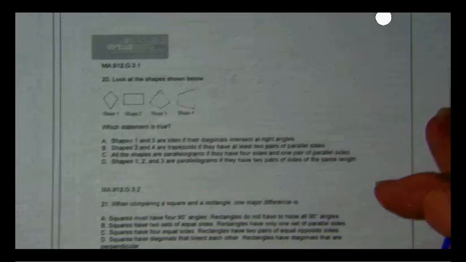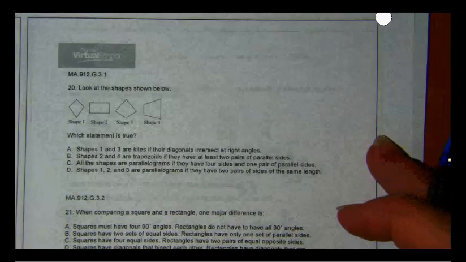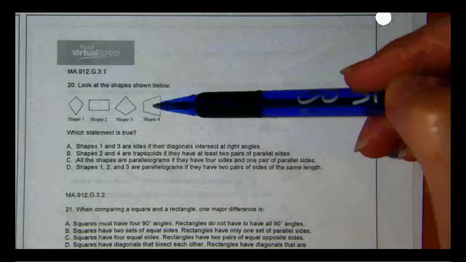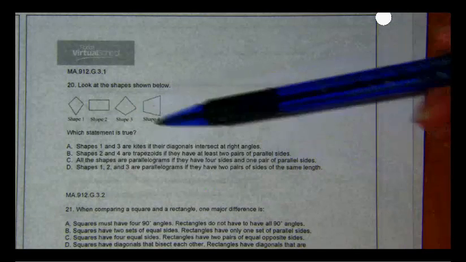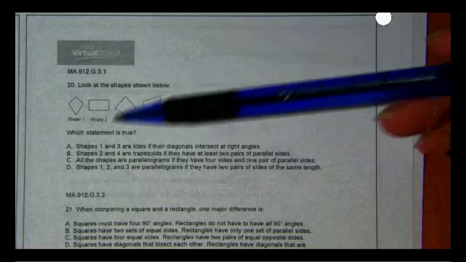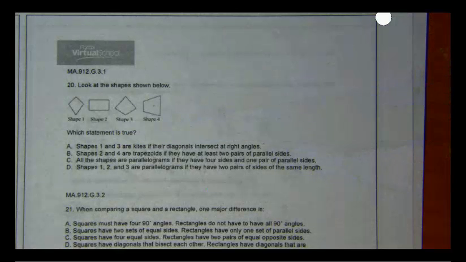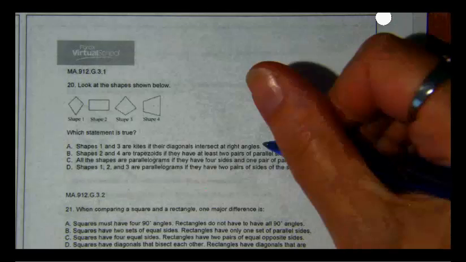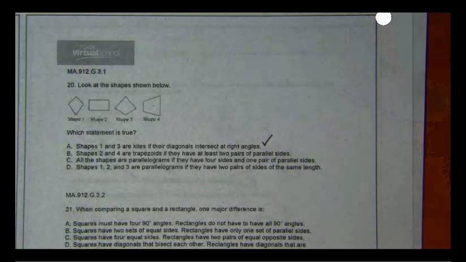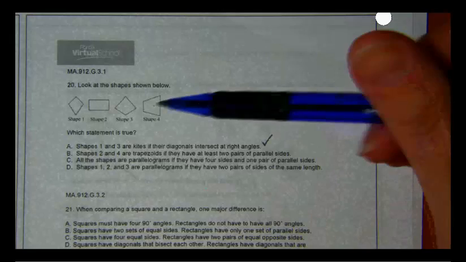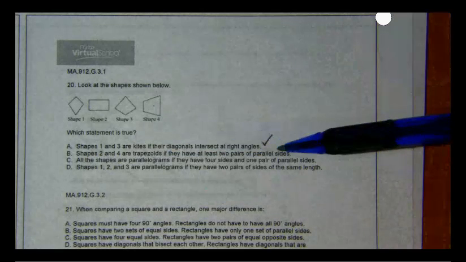Number 20. Knocked over my markers. Okay, we have some figures. Which statement is true? Shapes 1 and 3 are kites if their diagonals intersect at right angles. That's true. Shape 2 and 4 are trapezoids.